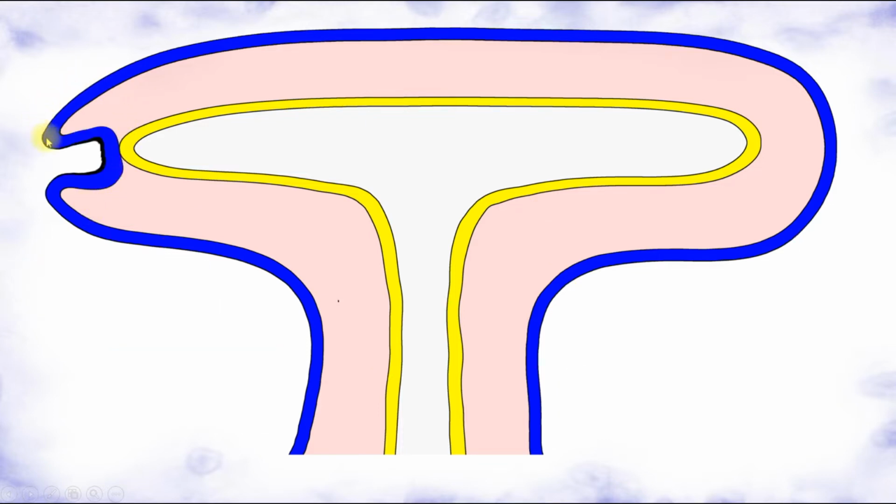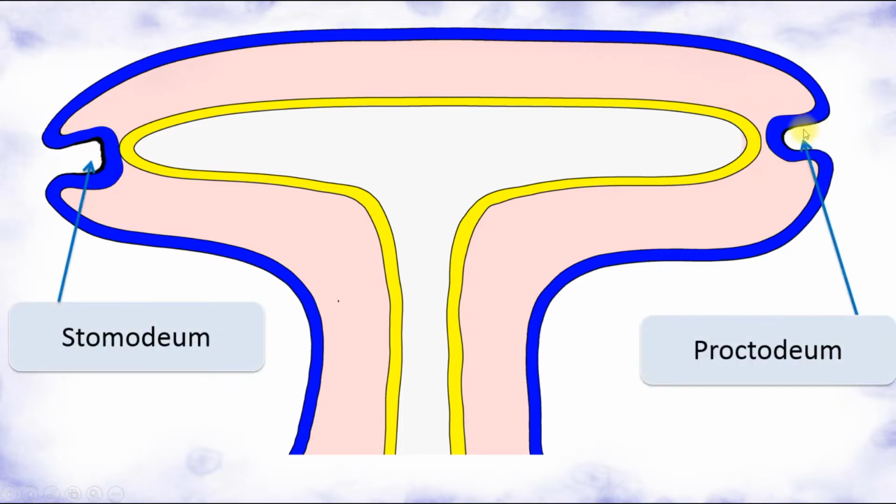Here we can see that ectoderm forms an invagination on the anterior side as well as on the posterior side, and it forms the embryonic oral cavity, which is called stomodeum, and the embryonic anus, which is called proctodeum. So stomodeum and proctodeum are two invaginations of the ectoderm. They have close contact with the intestinal tube, with the endodermal intestine.